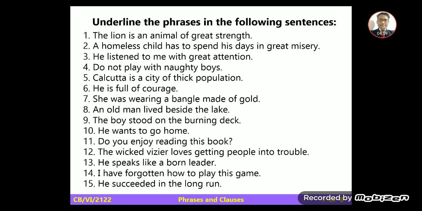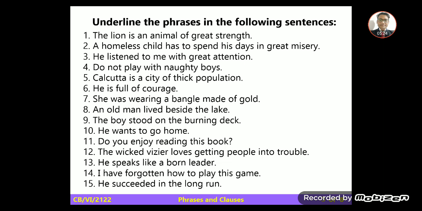Another one, Calcutta is a city of thick population. Of thick population, that is a phrase. Number 6, he is full of courage, that will come as a phrase. Another sentence, she was wearing a bangle made of gold, that will come as a phrase.